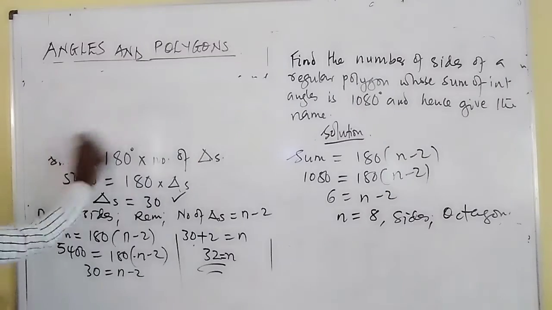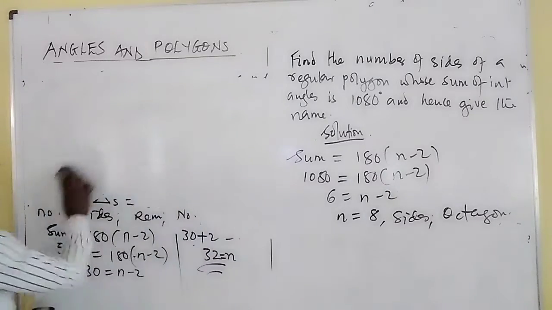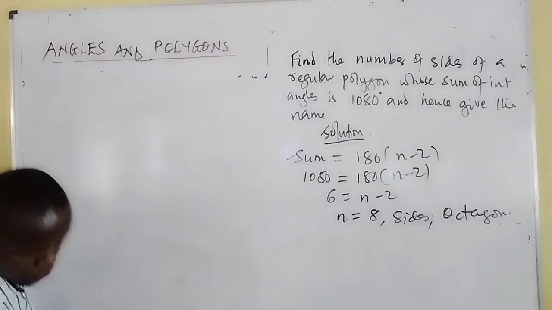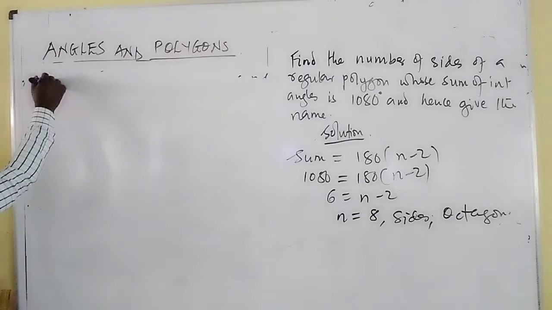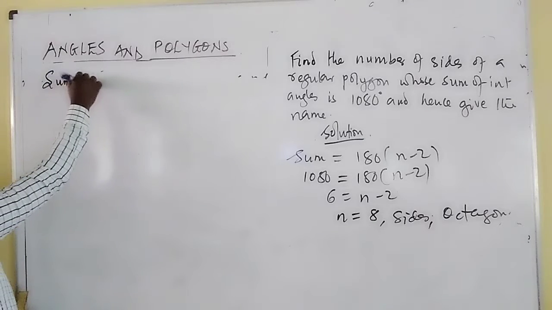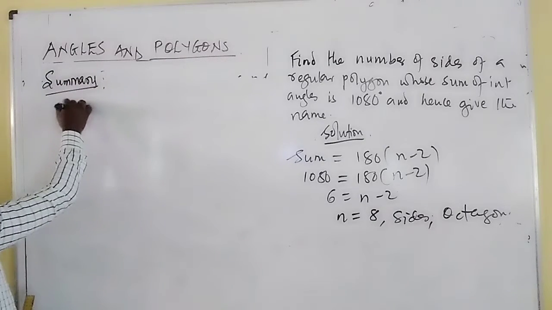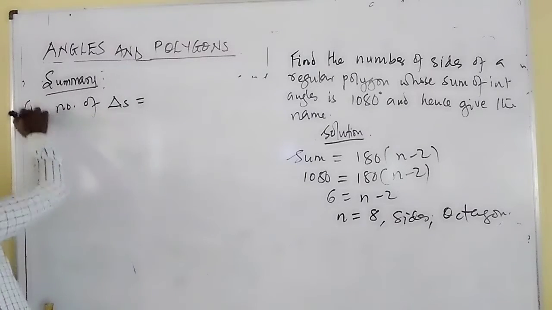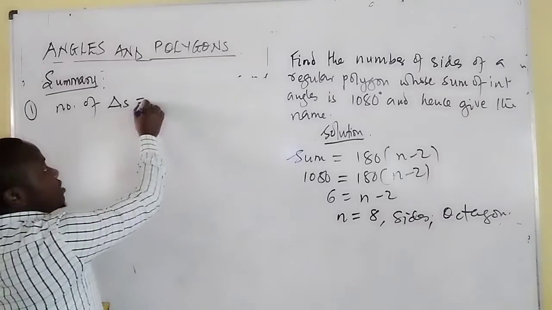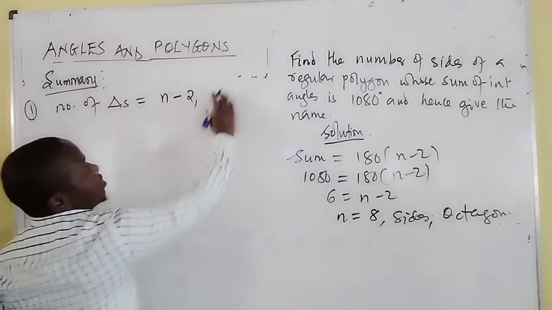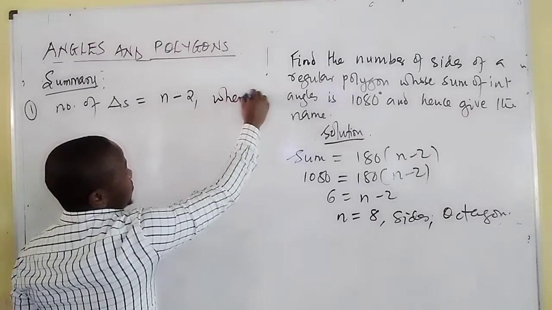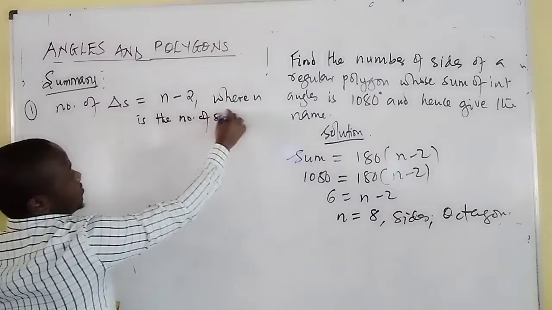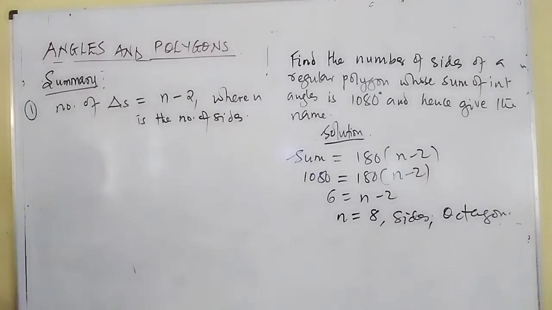I'll finish by summarizing the formulas on polygons. The number of triangles is given by n minus 2, where n is the number of sides of a polygon.